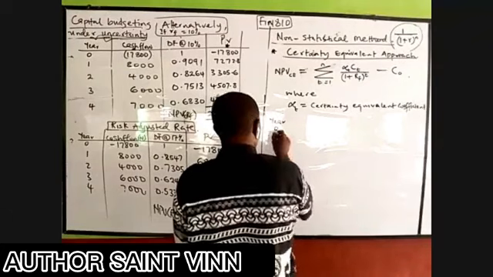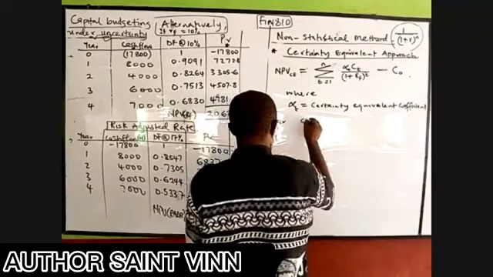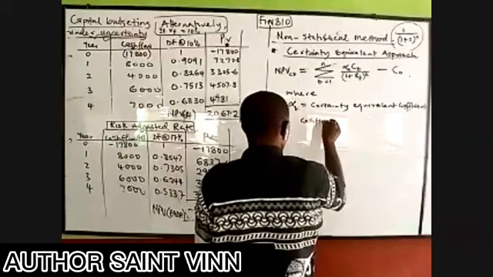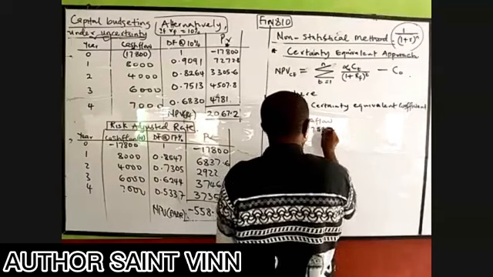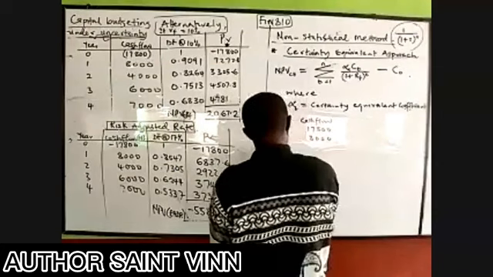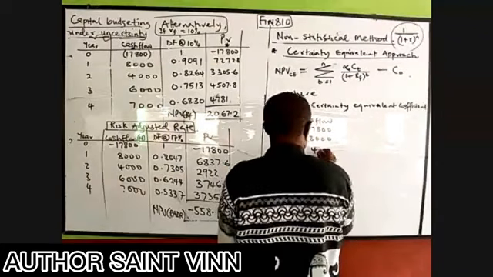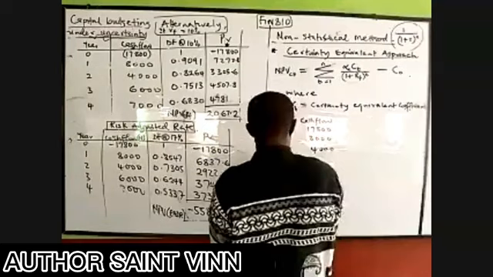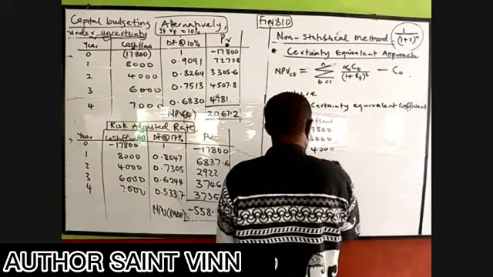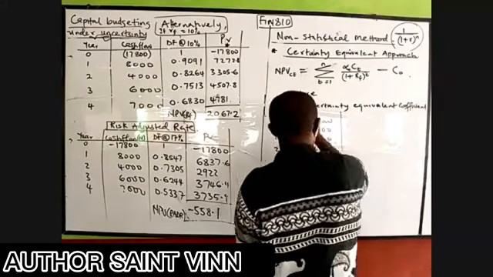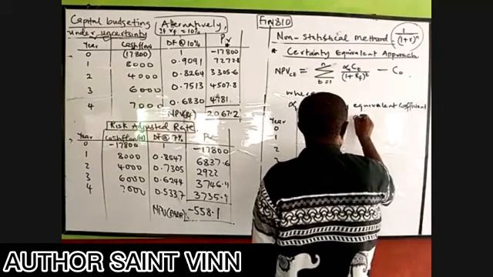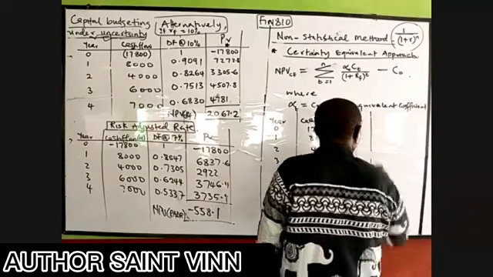Year 0, I'm using that same figure: $17,800, 8,000, 4,000, 6,000, 7,000. I hope you understand the meaning of alpha.